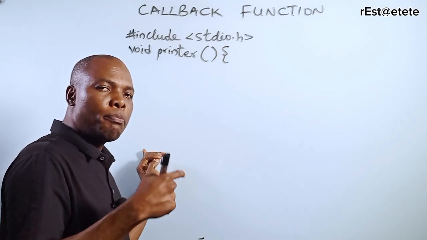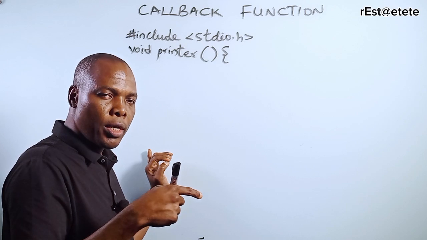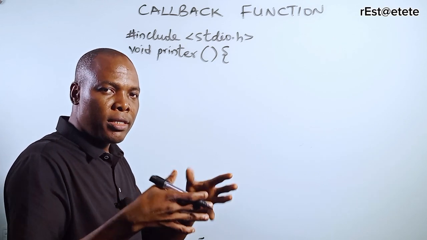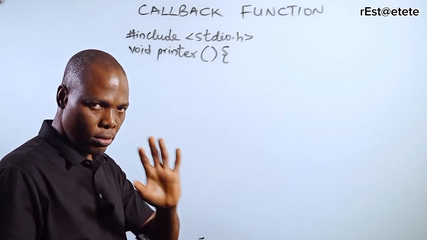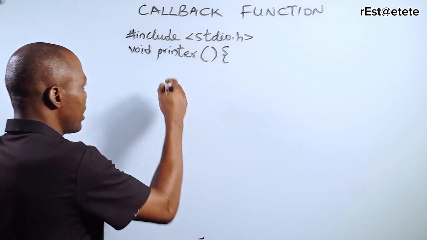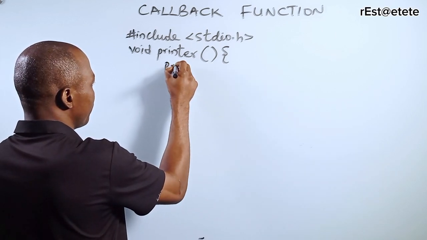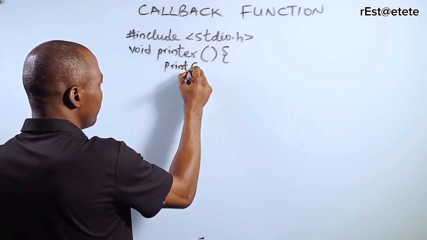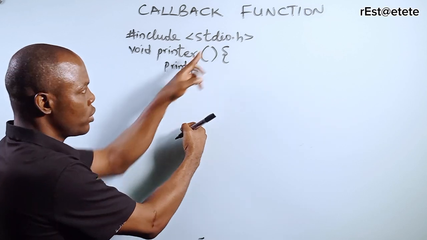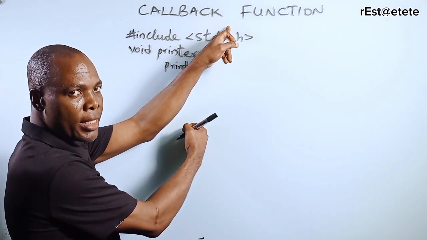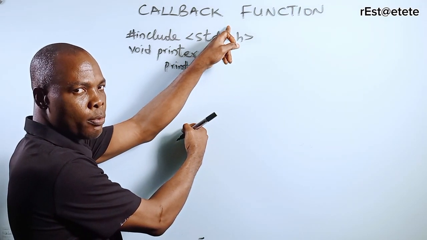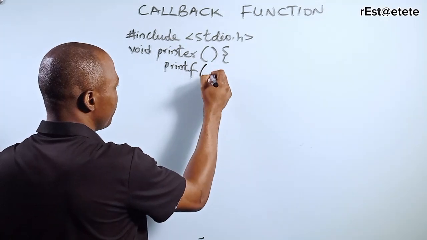Now, what the printer driver is to do is what I'm going to summarize into my print function. Don't forget that. So I'm just going to say printf. So I'm calling my print function. The definition of this print function is gotten from this standard input-output header. So printf.